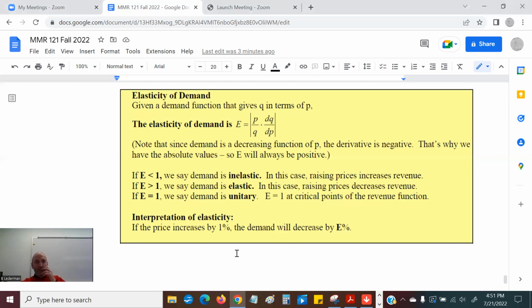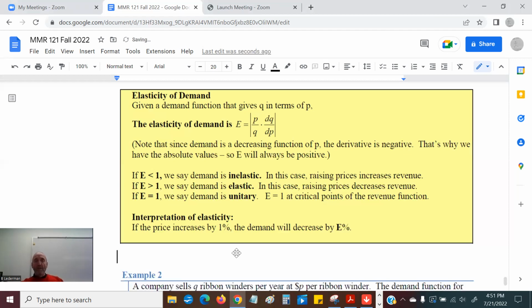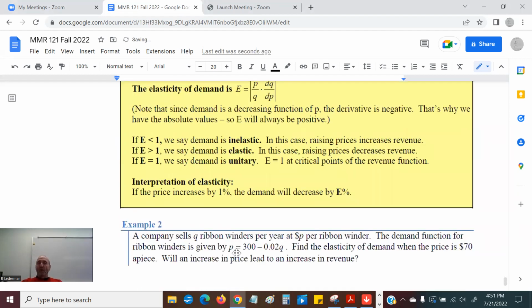Here we have an example. A company sells Q ribbon winders per year at P dollars per ribbon winder. The author of this textbook clearly has a thing for ribbon winders.